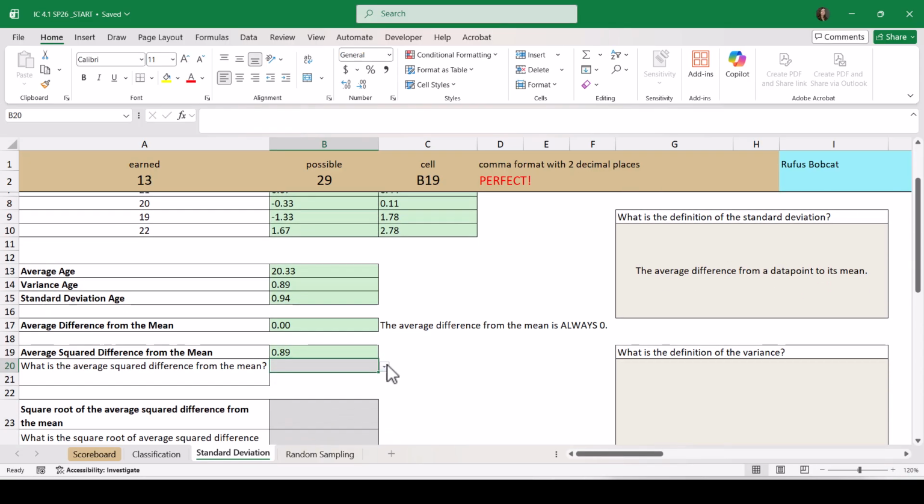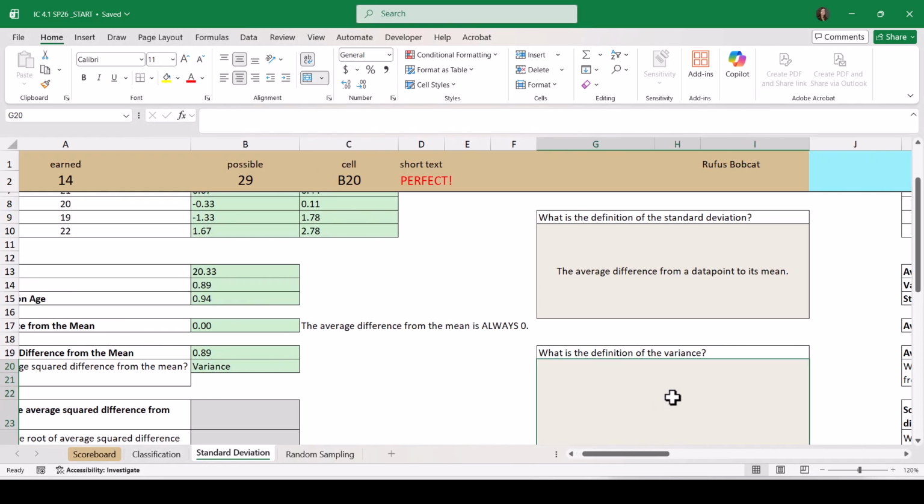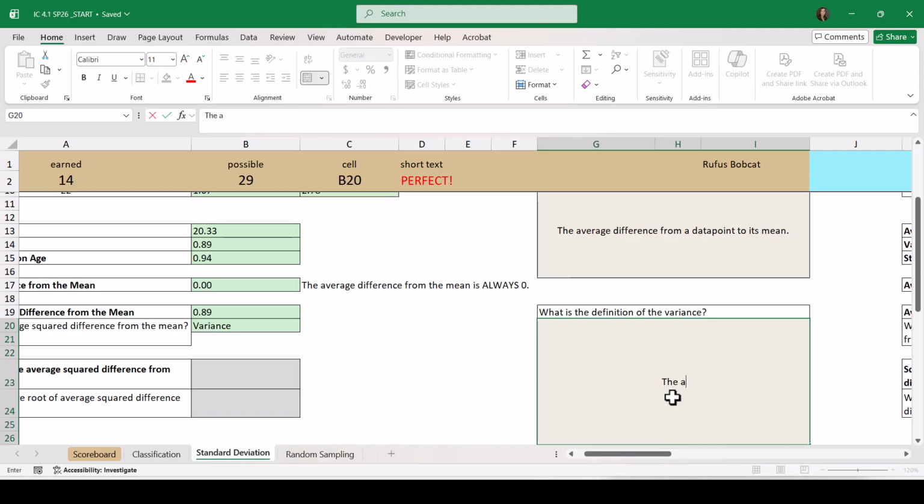And I got 0.89. And this happens to be the variance. So the definition of the variance is the average squared difference from a data point to its mean.